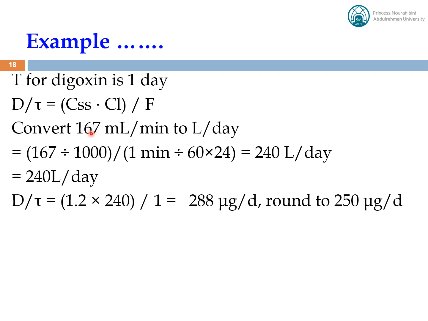So 167 milliliters divided by 1000 converts into liters, and the 1 minute converts into days by multiplying by 60 minutes per hour and 24 hours per day.